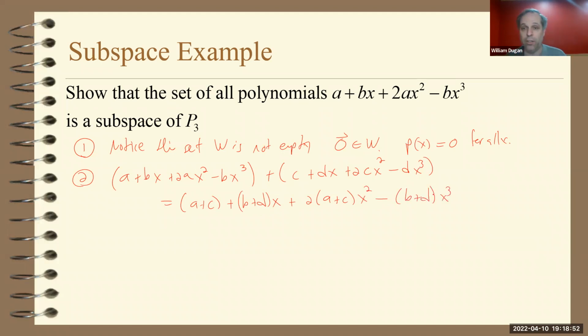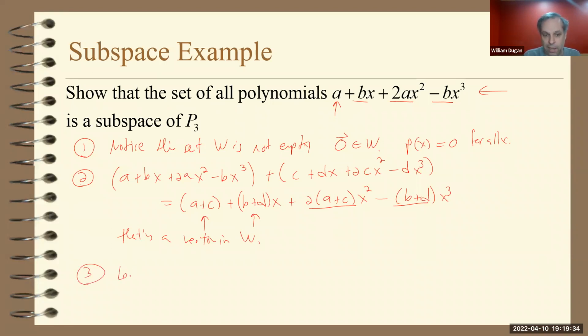Your first thought is, Professor Dugan, that doesn't look like that, it should be A, B, C. No, it doesn't have to be. It has to be that form. Notice it certainly has that form because this entry is twice that one, this entry is twice that one, and this entry is the opposite of that one. Yes, that's right, and that is a vector in W.